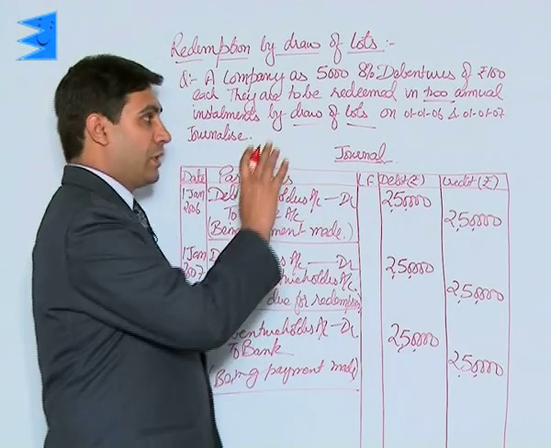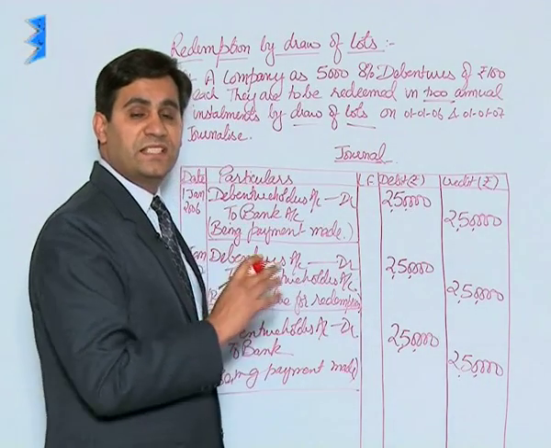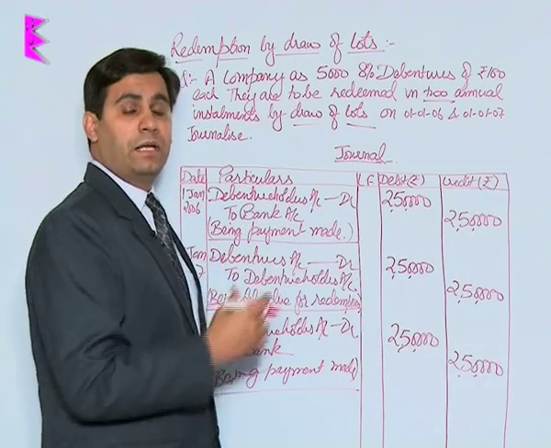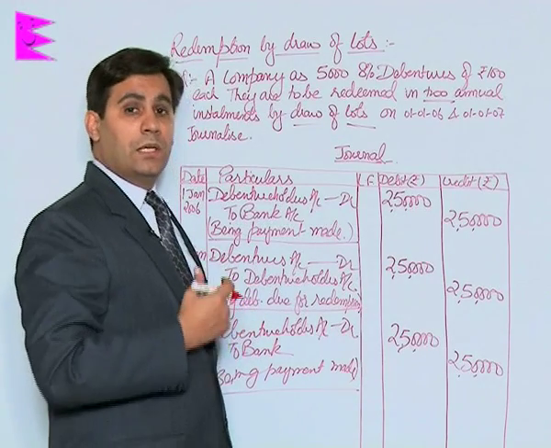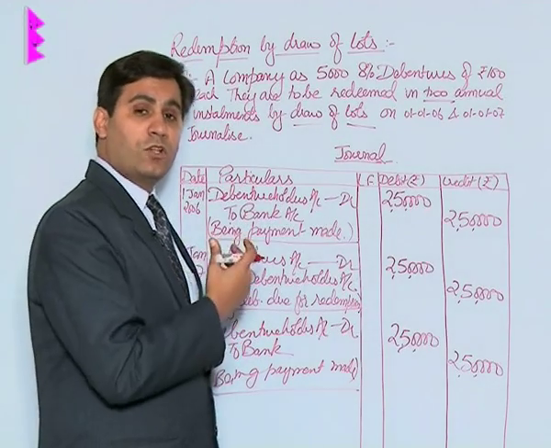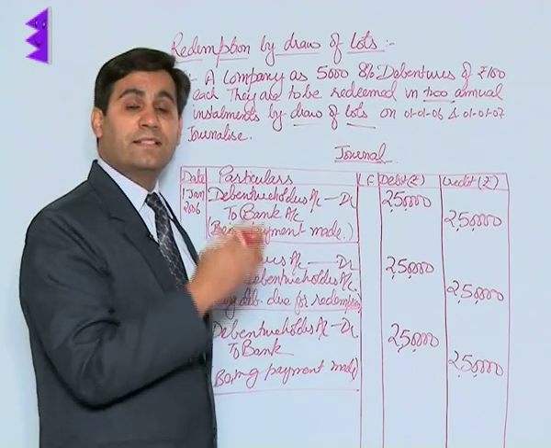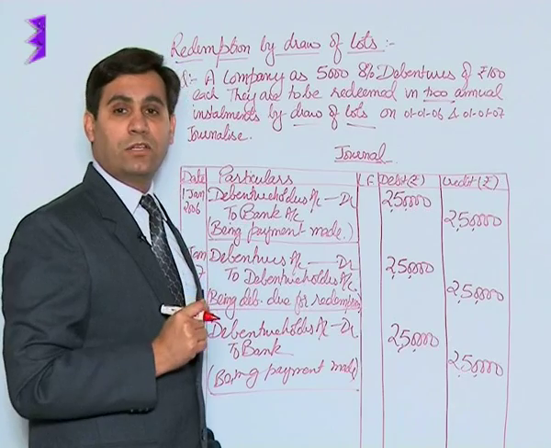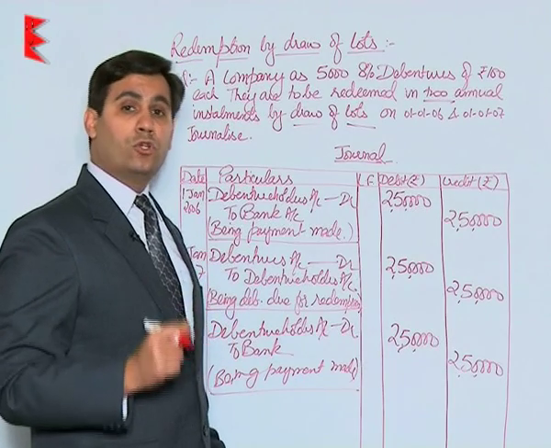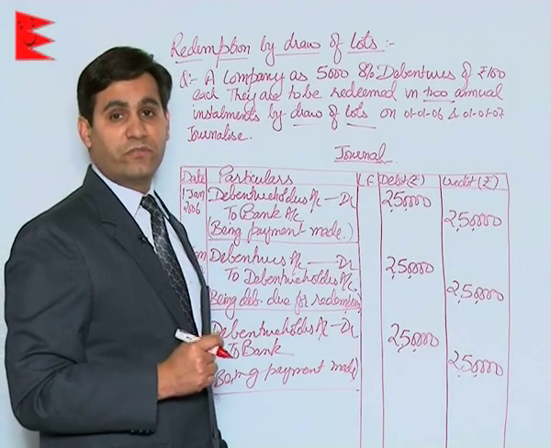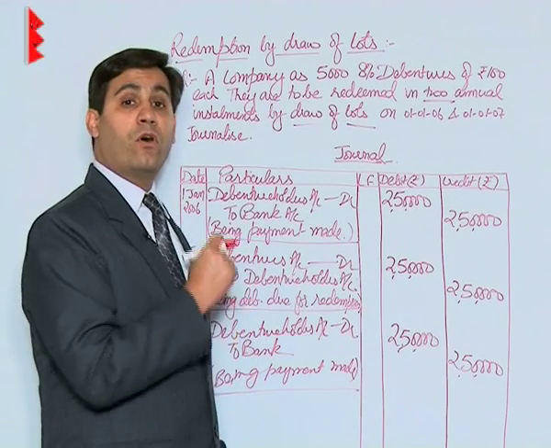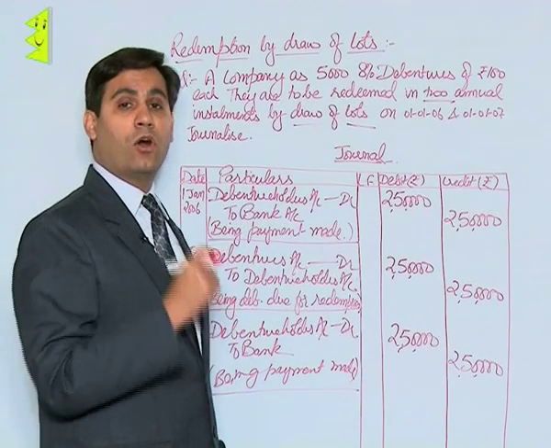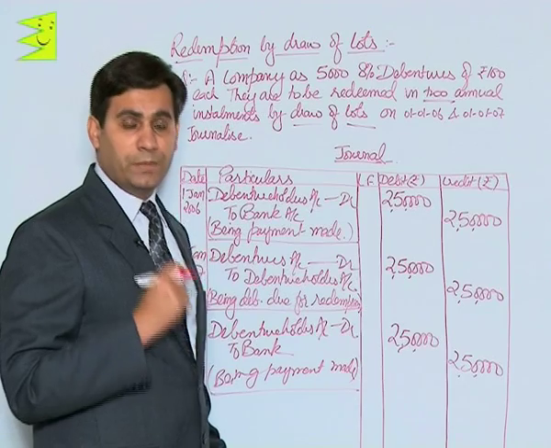Now students, the entries for redemption on both these dates are complete and redemption has been done. But remember, in case of draw of lots as well as in case of redemption in lump sum, whatever amount that you have transferred to DRR should be transferred to general reserve once the redemption of all the outstanding debentures of that particular category is complete.